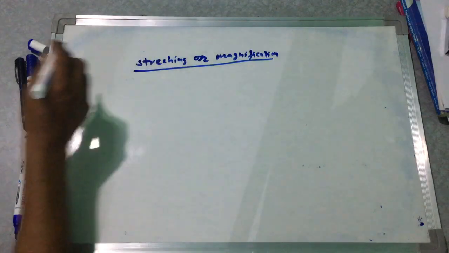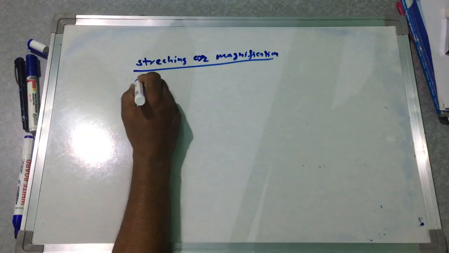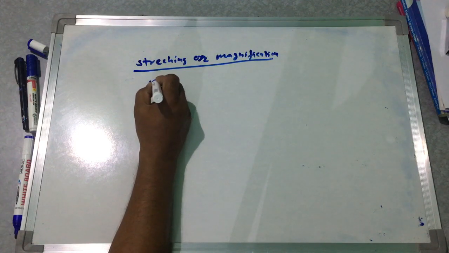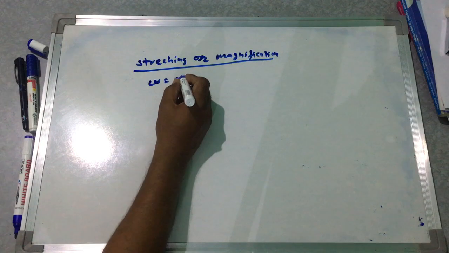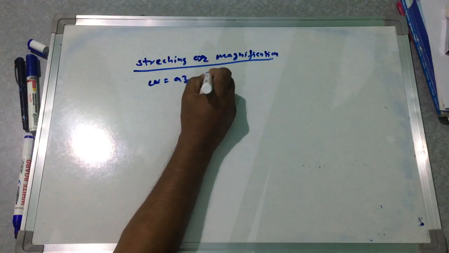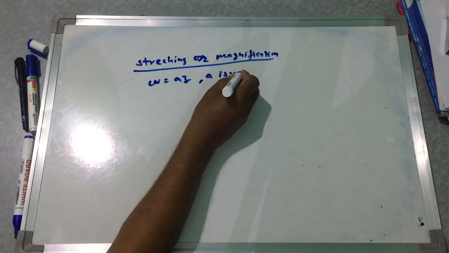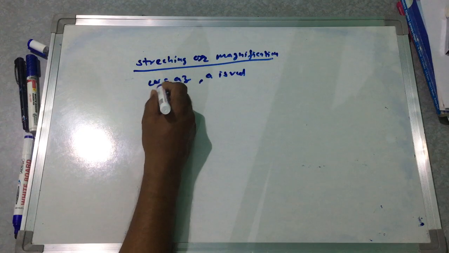The type of mapping is given by W is equal to AZ, where A is real. So, the figure for this stretching.